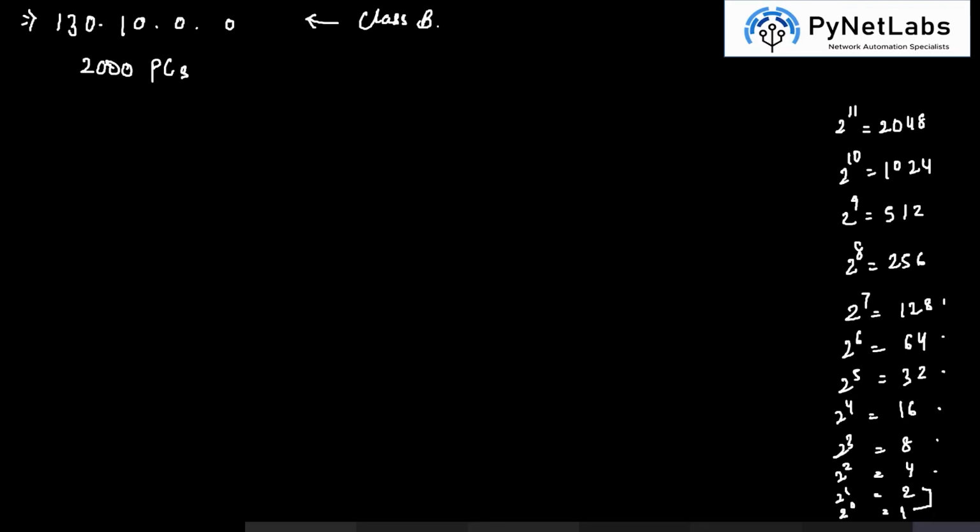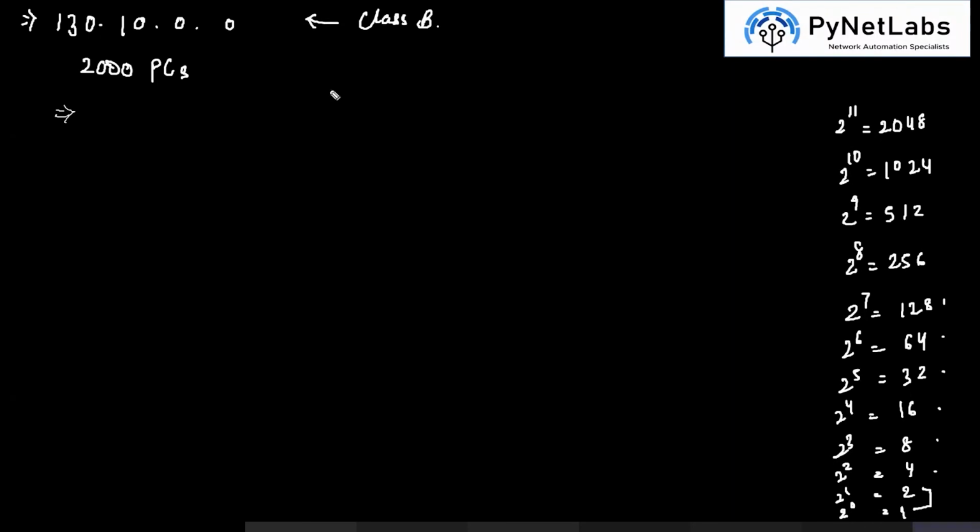I want Abhijit to answer this. Okay, yes, great. Perfect. So we will keep this simple and understandable. We know that 2 raised to the power 11 is where we are able to satisfy the requirement of 2000 IPs.